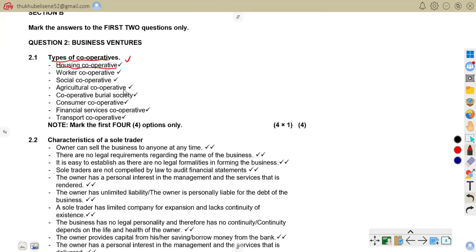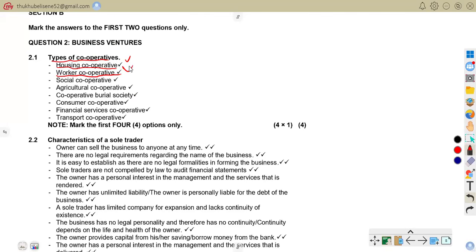Let's give an example to make it clearer: a group of people build or buy apartments together and share ownership and maintenance costs. That's what we mean by housing cooperatives. Let us move on to worker cooperatives.